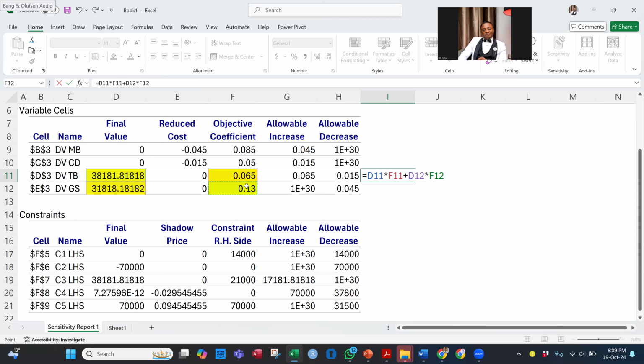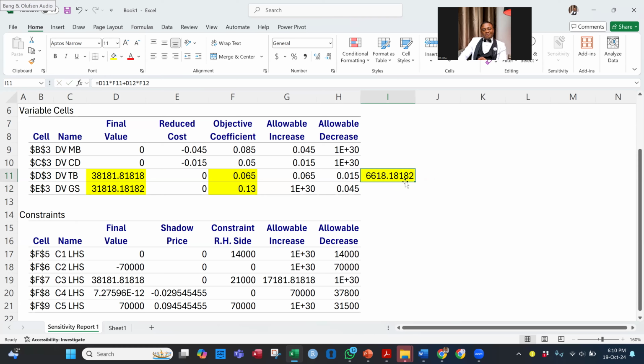This is how you find the maximum investment return. So if Amma were to invest that $70,000, the amount of return in dollars she's going to get is $6,618. That is the return she's going to get.